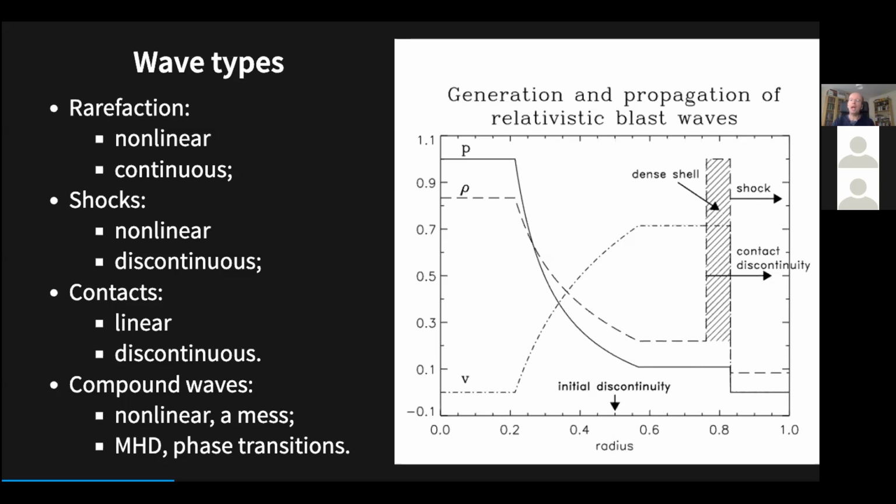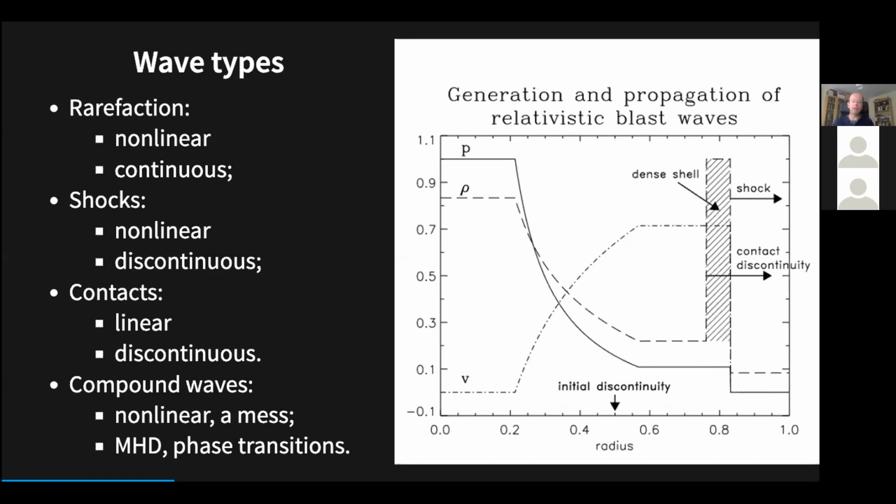And this has occurred because the characteristic speed to the left of the wave is faster than the characteristic speed to the right. And by faster, I mean more negative. This means the characteristics are separating. The material is moving to the left faster on the left than it is to the right.